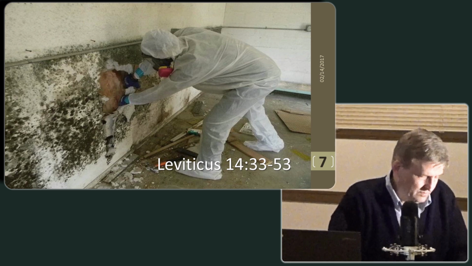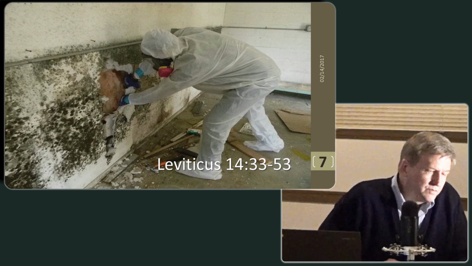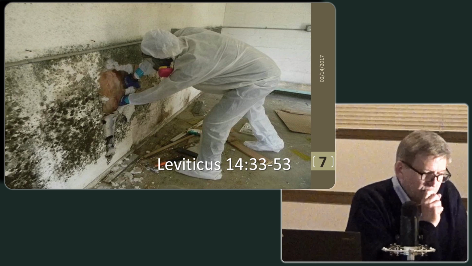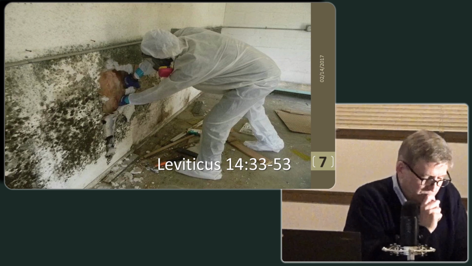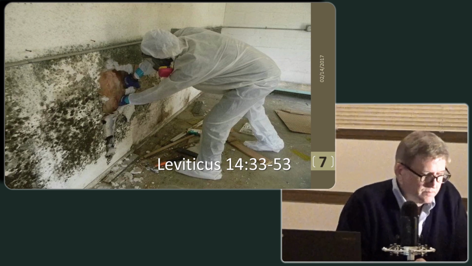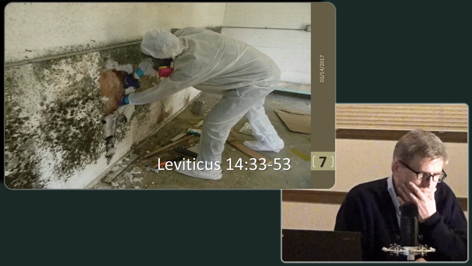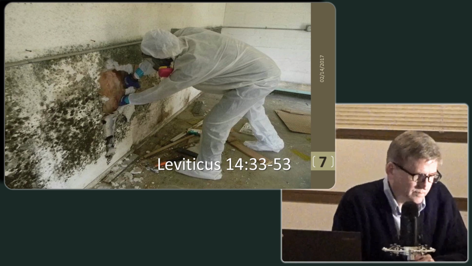And if the disease is in the walls of the house, with greenish or reddish spots, and if it appears to be deeper than the surface, then the priest shall go out of the house to the door of the house and shut up the house 7 days. And the priest shall come again on the 7th day and look.